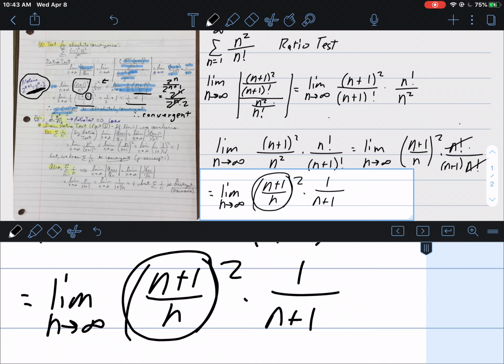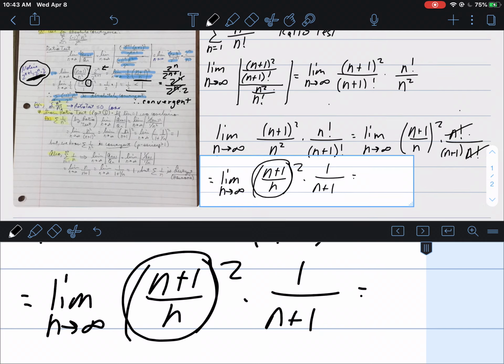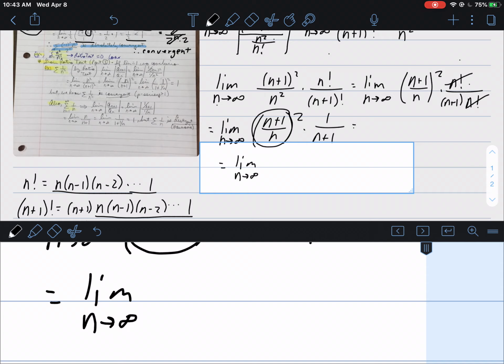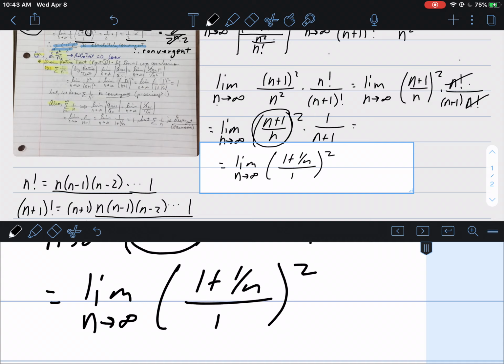Now, we know what happens to this, right? If I divide everything by n, I'll go ahead and write it underneath. So dividing everything by n gives us 1 plus 1 over n, over 1, times 1 over n plus 1.